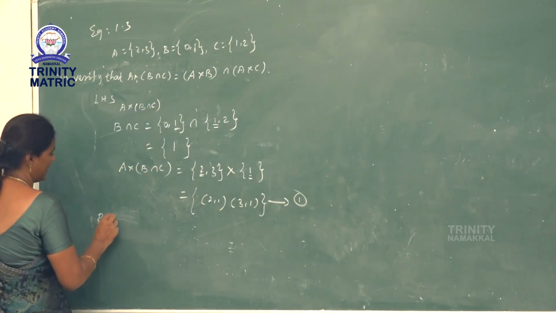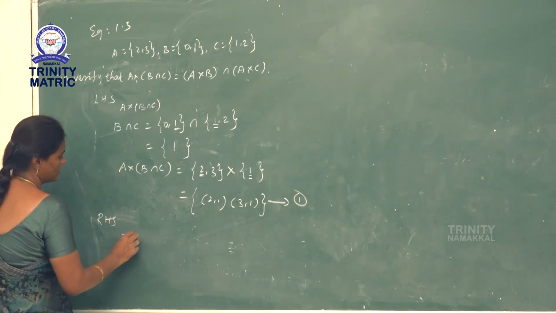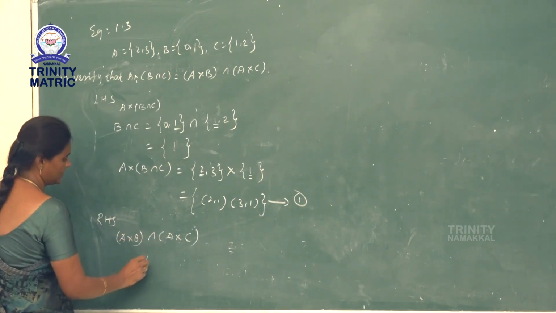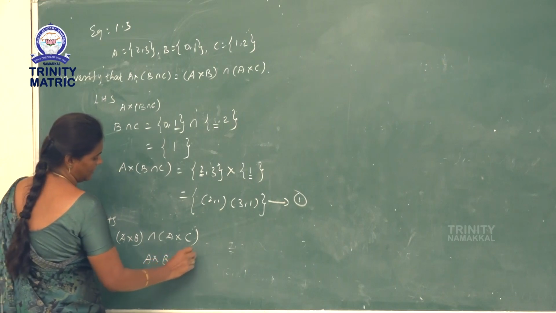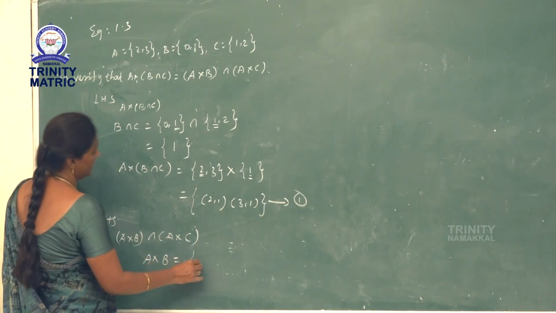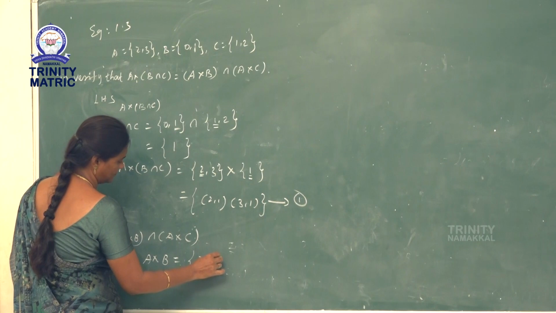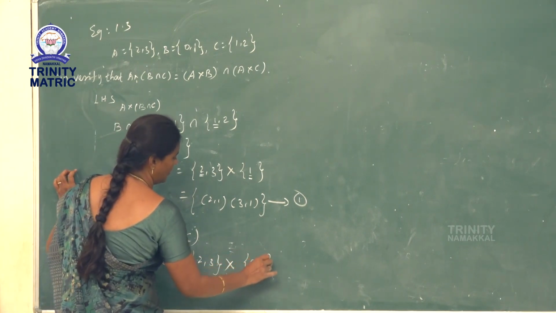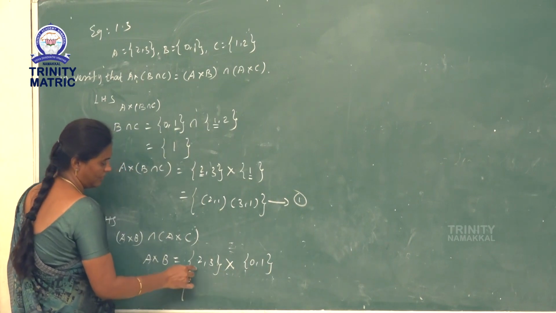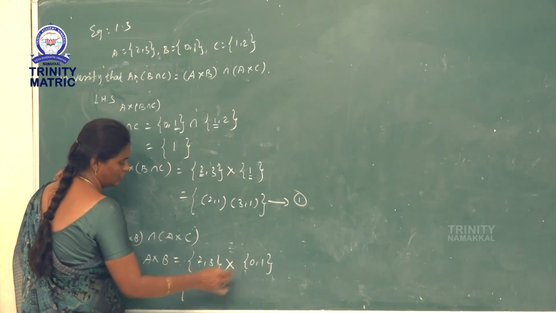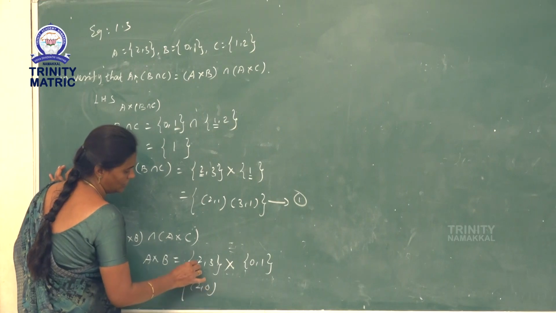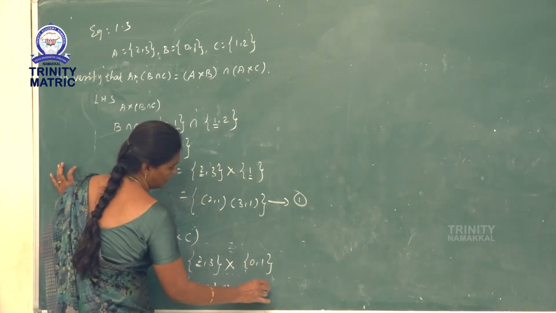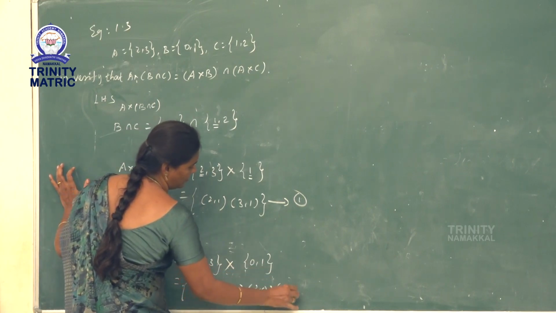Then we take the right hand side, A cross B intersection A cross C. First we find A cross B: what is the set A? {2, 3} cross {0, 1}. We write ordered pairs: 2 with 0, 2 comma 0, then 2 with 1, 2 comma 1, then 3 comma 0, 3 comma 1.